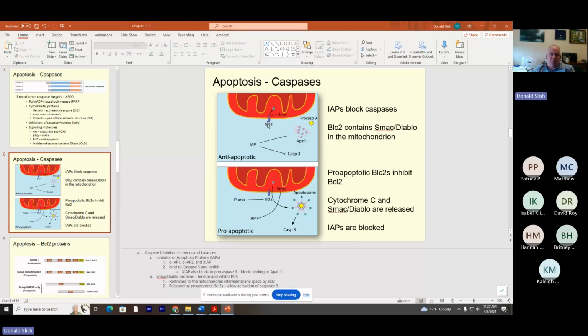Its exit is being blocked by BCL2, which at the same time is blocking cytochrome C. And then when you get activation of the intrinsic pathway, we inhibit BCL2, we release SMAC Diablo, and SMAC is going to inhibit your IAPs, which allows the caspases to be active, and cytochrome C makes your apoptosome work. Okay, so the only thing we've added here to what we said before is the IAP SMAC Diablo story.